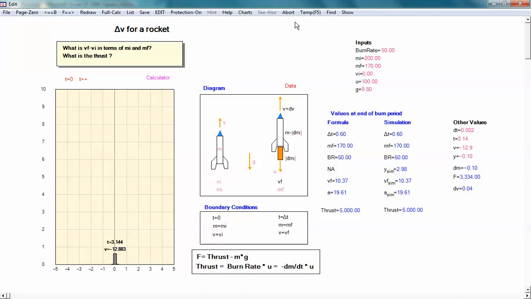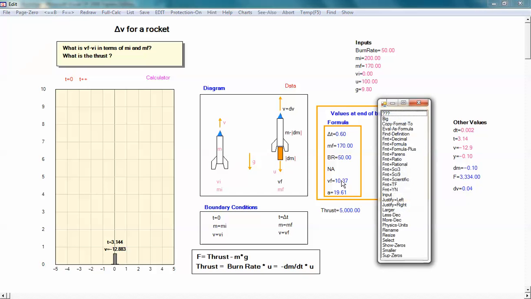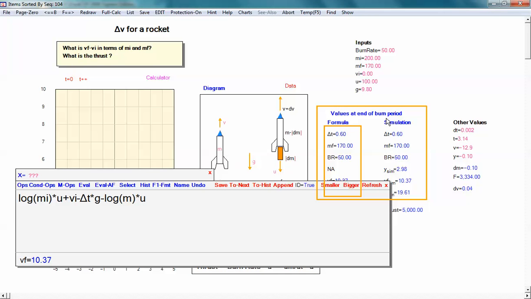So let it work it all out, and then we'll show how this simulation tests our formula. Alright, let's go over here and look at these numbers here. The numbers on the left are from the formula. If I look at VF, for instance, if I do a big on that, that's the formula that I derived on the other page. That's the analytic solution to the problem.